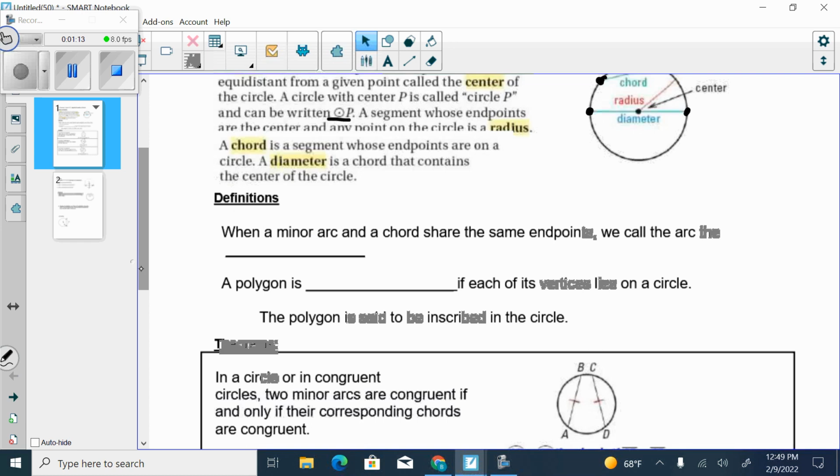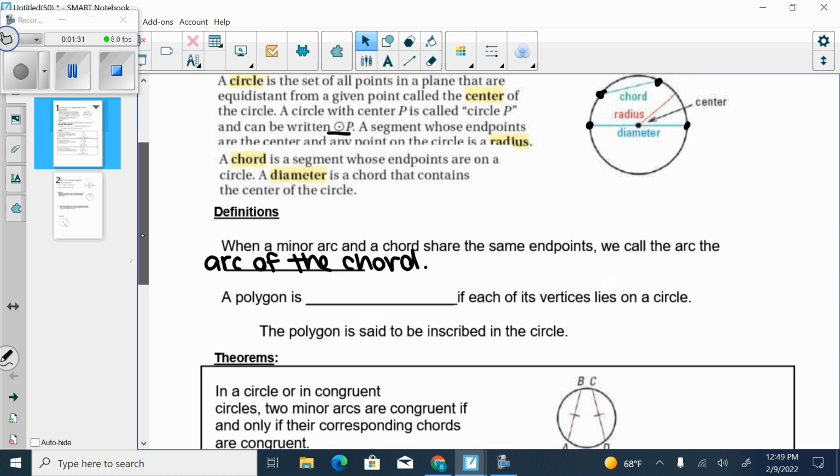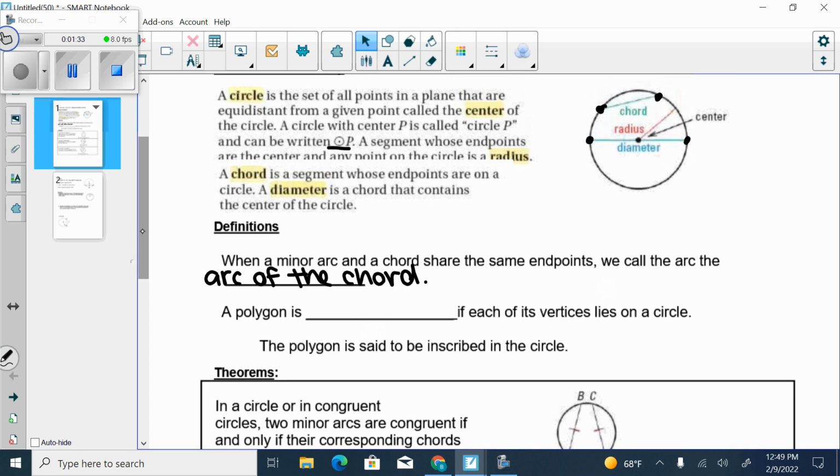So it says when a minor arc and a chord share the same endpoints, we call the arc the arc of the chord. Okay, and what they are referring to, so you see this chord is drawn right here on the figure.